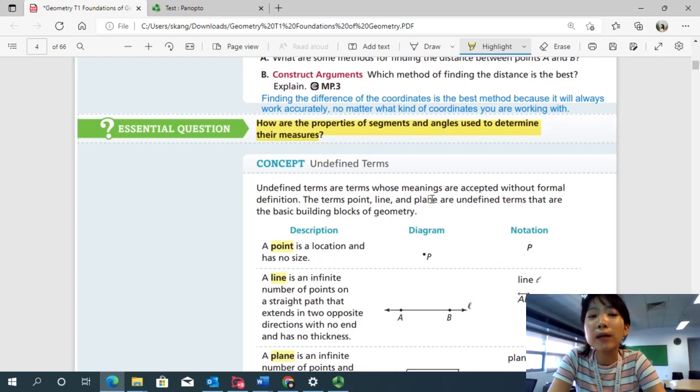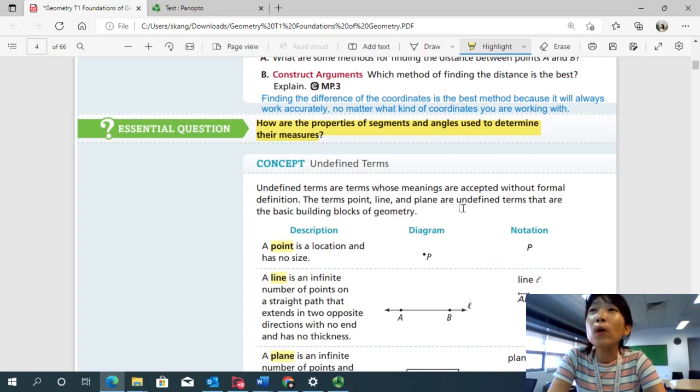We need to have some undefined terms to start with so that we don't have to prove from zero, right? There needs to be undefined terms that we could use to prove and define other vocabularies and concepts.